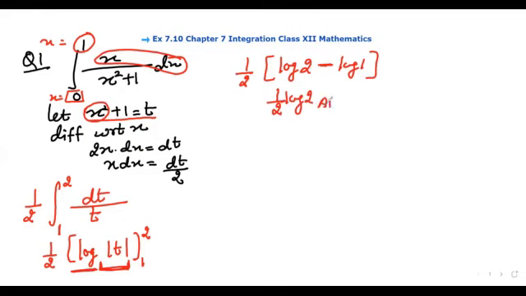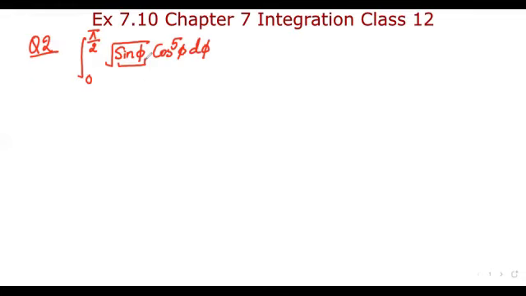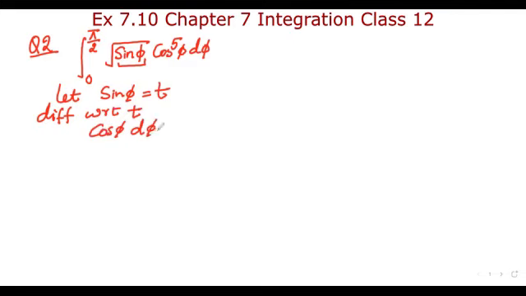This is the answer. In this question, I cannot solve it unless I remove sine phi from it. So let us first assume that sine phi is equal to t. On differentiating, the derivative of sine phi is cos phi, d phi is equal to dt.